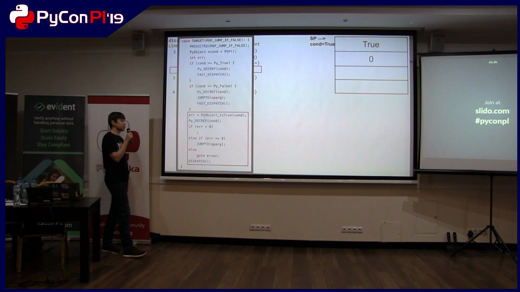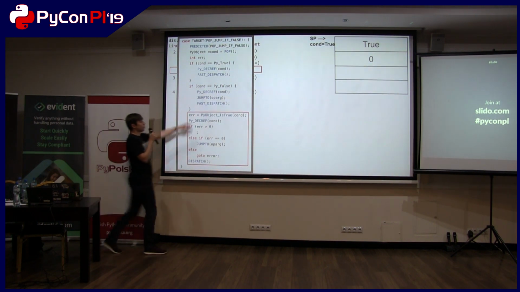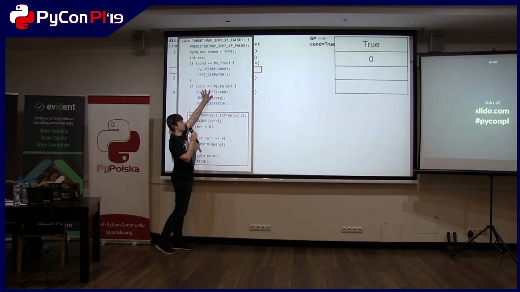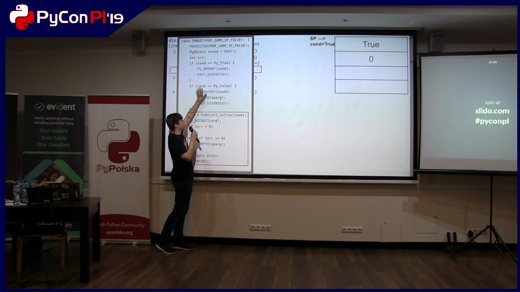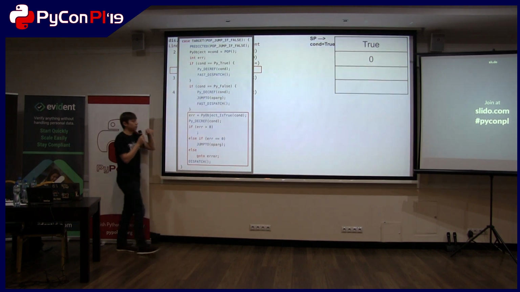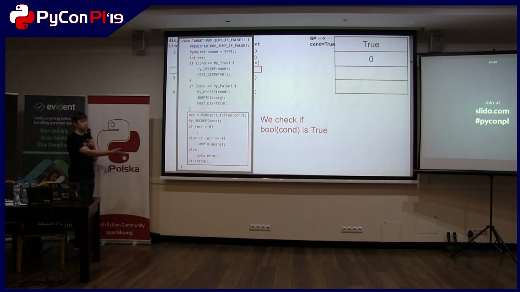Yes, exactly. It checks whether the object evaluates to true. Because this comparison here just compares the addresses, and Py_False and Py_True are singleton objects. So it checks whether this is exactly Py_False, exactly false, or exactly true. And in this case, we are checking if the bool of the condition is true, basically.